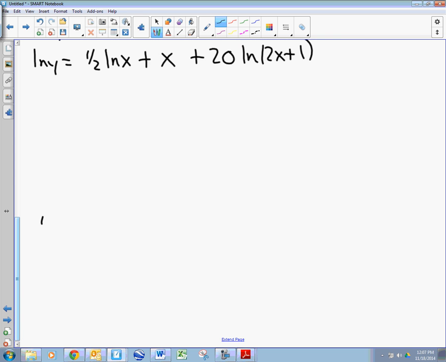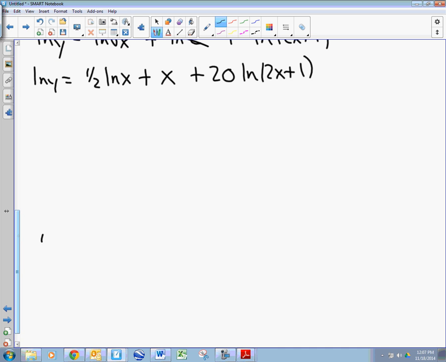So now, am I required to use the product rule at all? No. So let's just take the derivative. Take the derivative of both sides. Here's where it's just a little tricky. What's the derivative of natural log of y? 1 over y times y prime, right? Using implicit differentiation, we have to attach a y prime every time we take the derivative with a y.